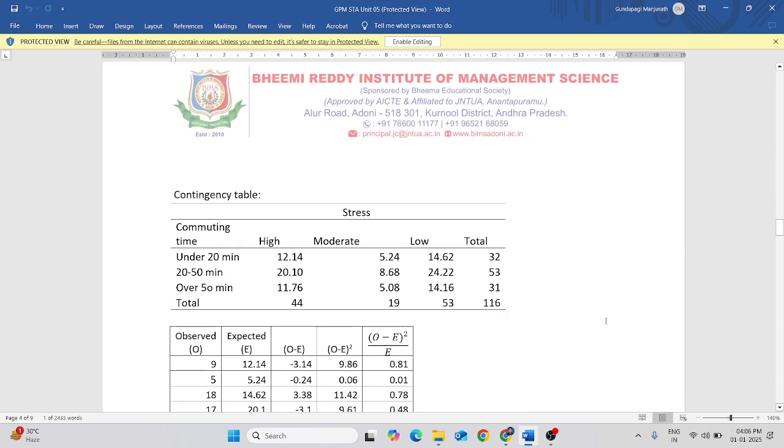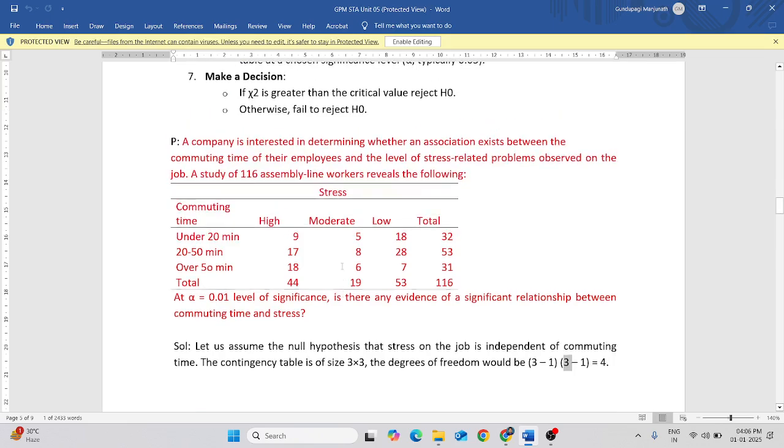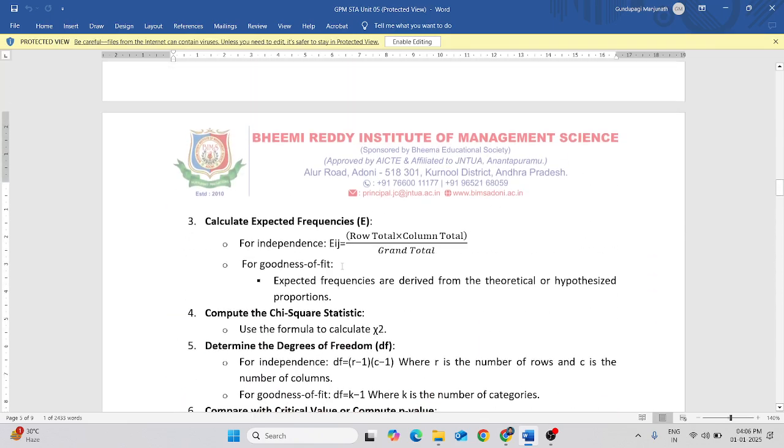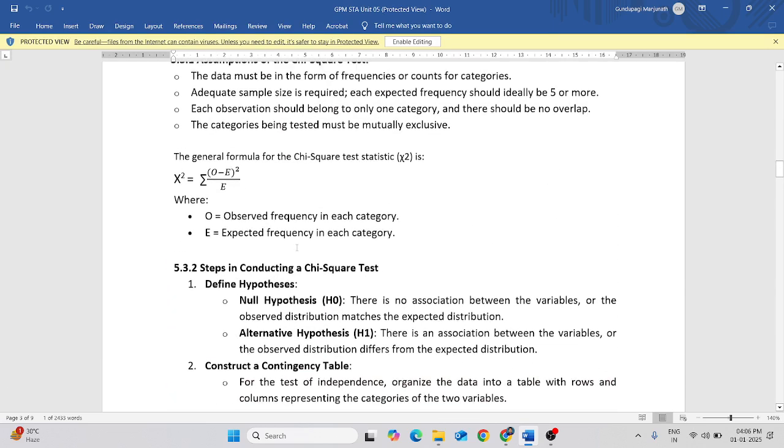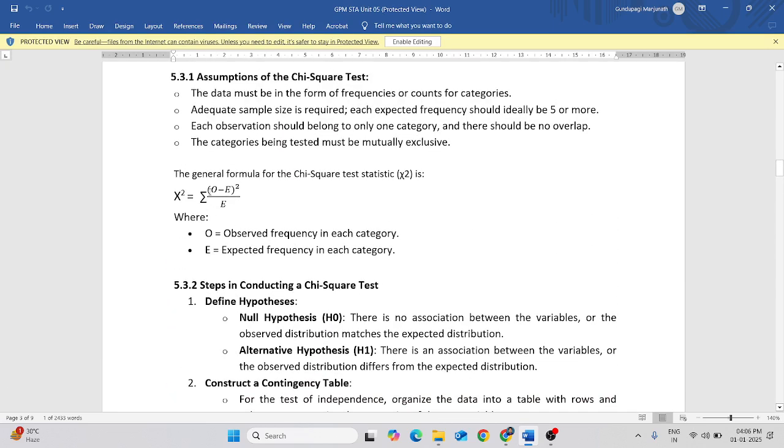So here we have to calculate the contingency table. What is this contingency table? You have to calculate the expected frequency. As I told you, for calculating the chi-square test, the observed frequency is required and the expected frequency is required.